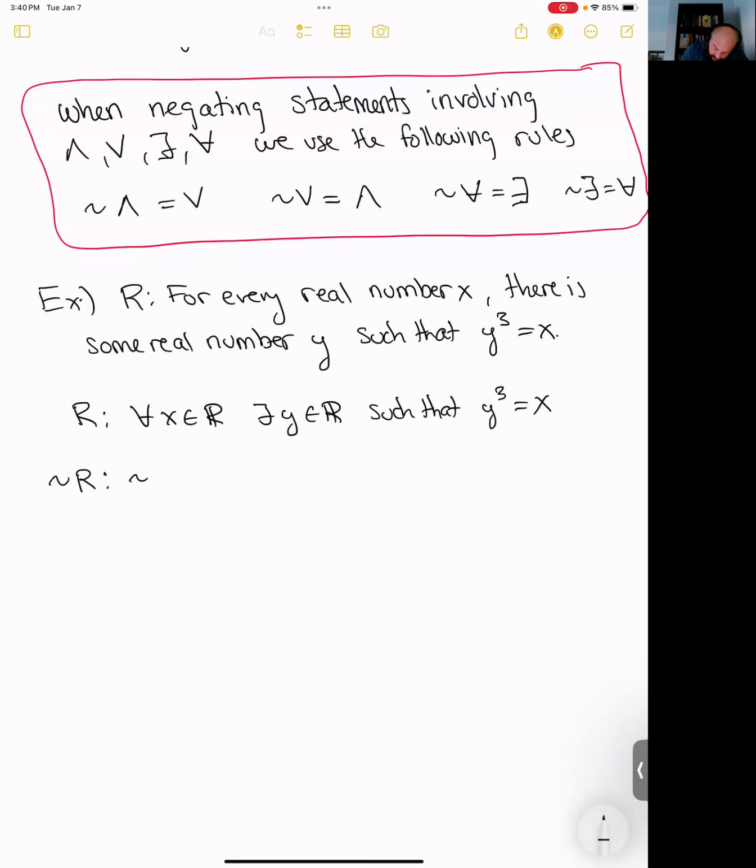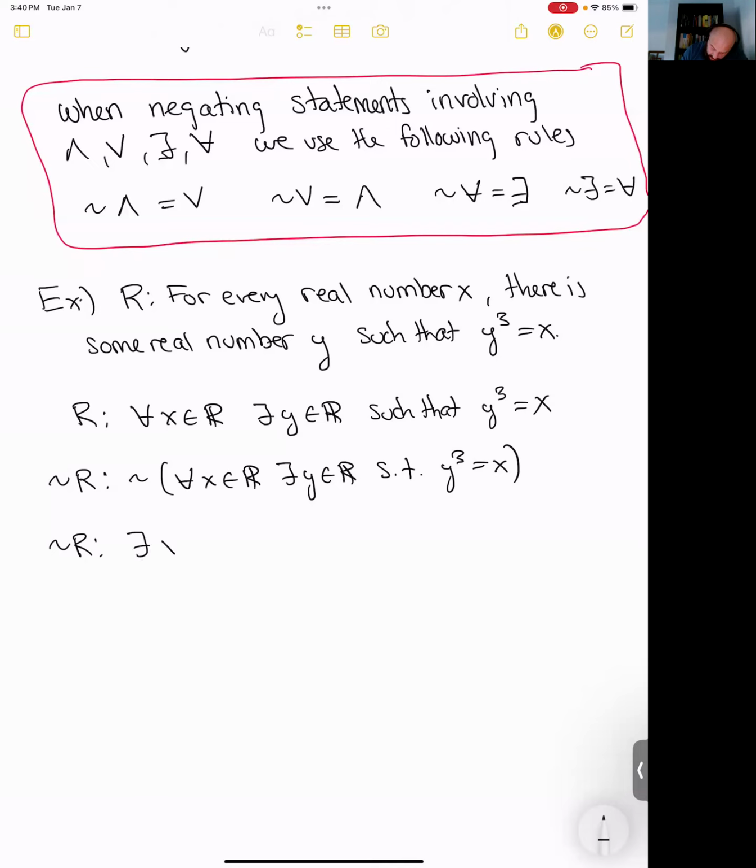Okay, so now I want to know what is the statement not R. First of all, I can just put a not outside, right? A lot of times we abbreviate such that like this. But now I want to push the not through. So when I push the not through, remember not for all means there exists.